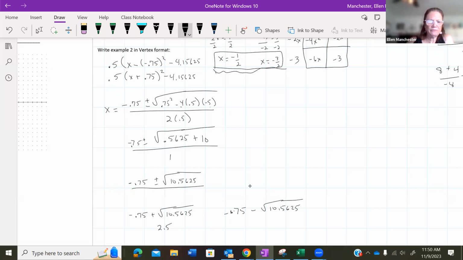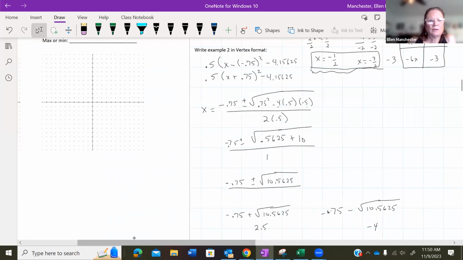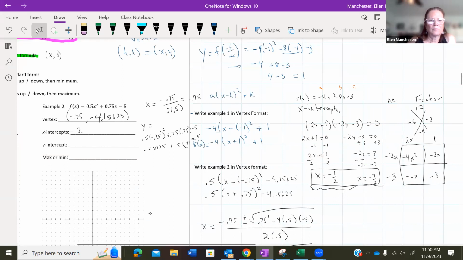So this one I get 2.5. And this is where you've got to learn to use your calculator, and the other is -4. So those are my two x-intercepts, 2.5 and -4. And then again, my y-intercept is easy. It's just 0, -5. That's the point where it crosses.